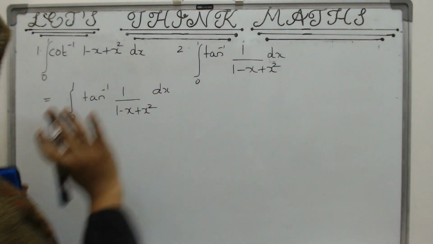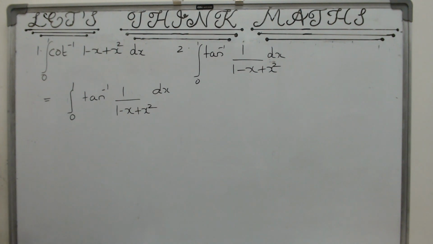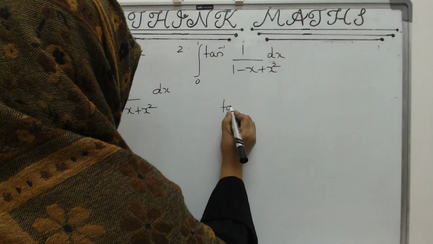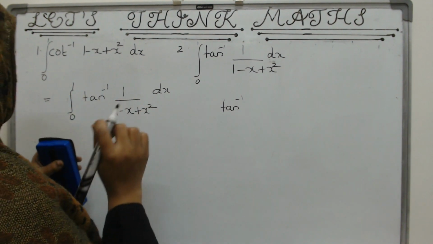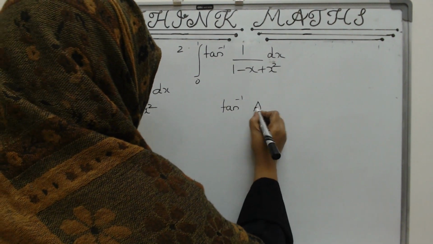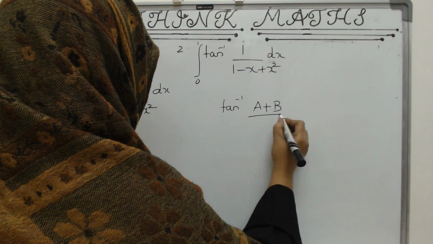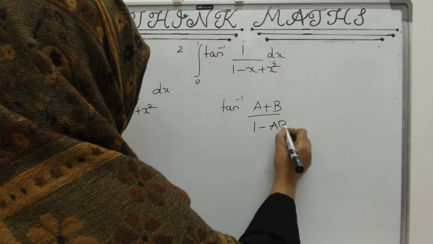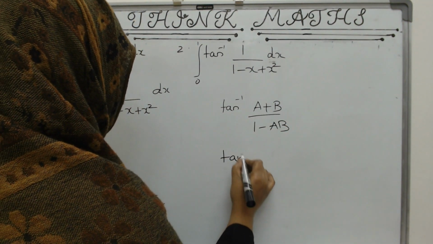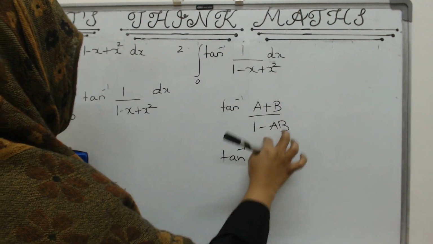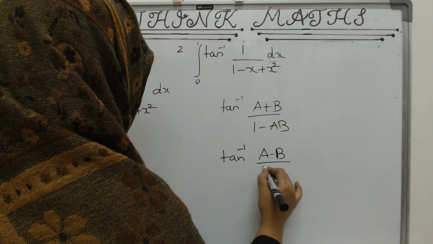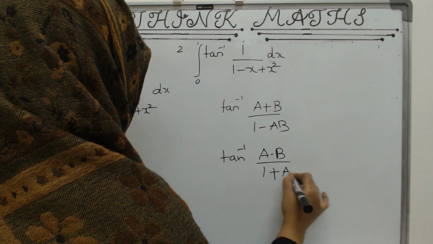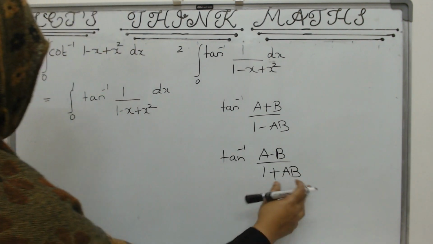So see, we have come here, and whenever you have such tan inverse questions, whatever is inside this bracket, try to express it in two ways. Either a plus b by 1 minus ab, or tan inverse of just the signs interchanged, a minus b by 1 plus a into b.